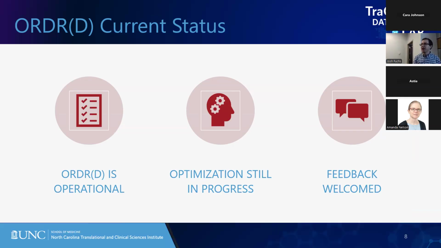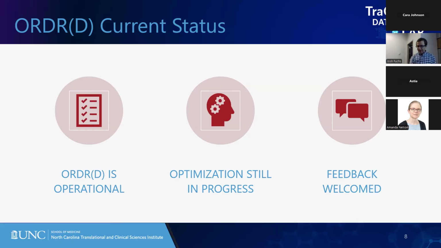For example, we'll talk a little bit about this later, but we're still trying to figure out computationally whether the memory resources that we've currently allocated are enough for what people need. Do we have the correct type of packages installed for what people want to do? Do we need to get access to GPUs on here? That's really where we're trying to have a conversation with folks who are using Ordered to make sure that this is a system that works well.